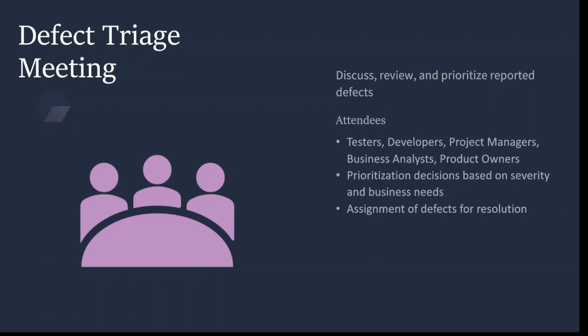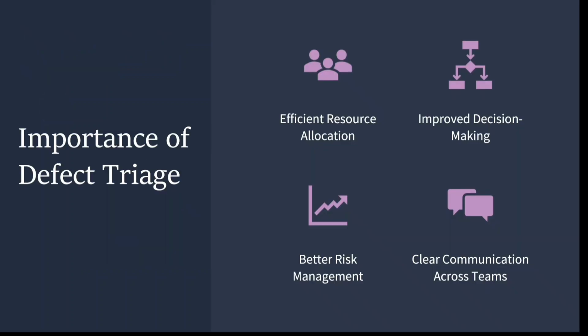Also here we can have a prioritization discussion. Through the discussion we can check our severity and our business needs for this release or for this project. And also we can assign the defect based upon our resolution, or based upon project availability.